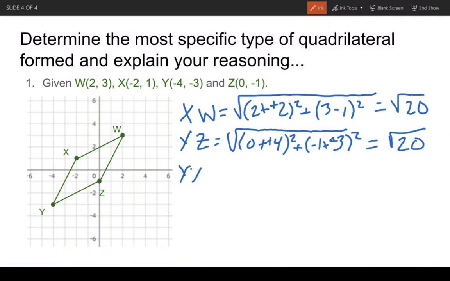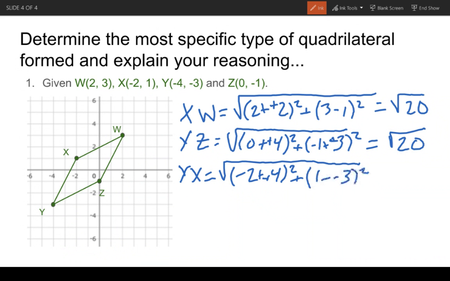Now let's look at YX. We have (negative 2 minus a negative 4) squared plus (1 minus a negative 3) squared. Again, we get the square root of 20. And then lastly, let's look at ZW.